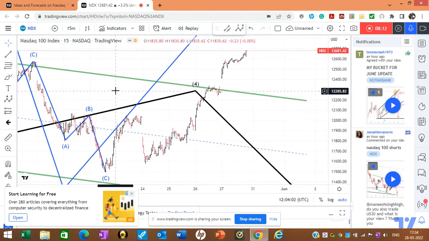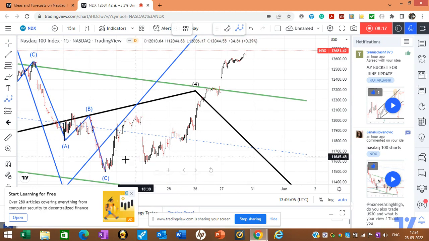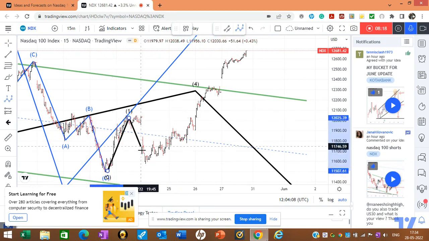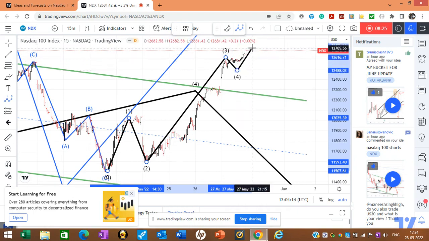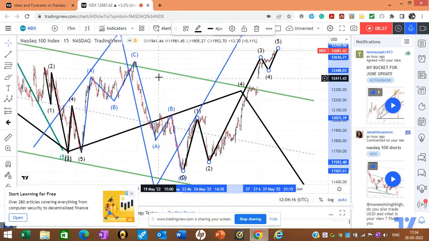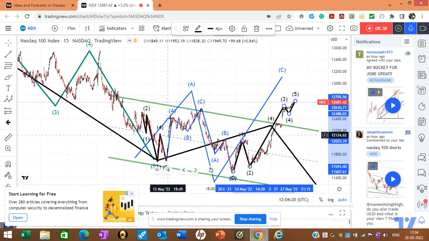And then this one would be 1, 2, 3, 4, and 5, like this. So what I want to say is that this is a flat correction: 1, 2, 3, 1, 2, 3, and then 1, 2, 3, 4, 5.